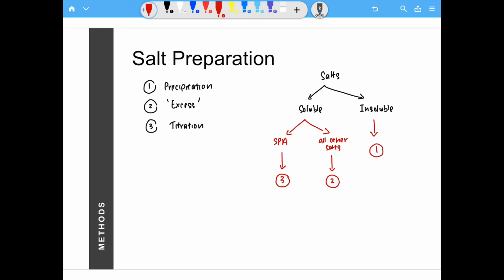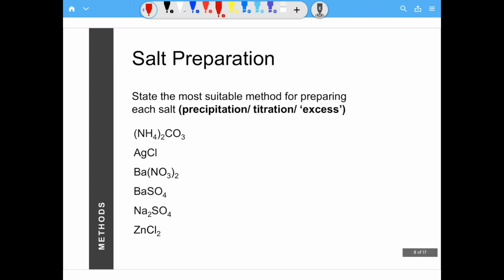Okay, once again, before we move on with some practice, it's important for you to remember which method to use based on the solubility of the salts. Now, in this little practice, let us try to once again establish which methods would be suitable for preparing each salt.